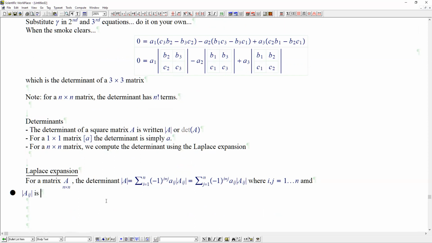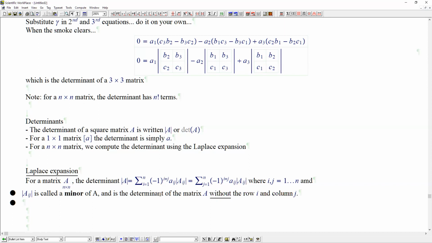A_ij is called a minor of A because it's a minor matrix, and it is the determinant of the matrix A without, and this is important, without the row i and column j.